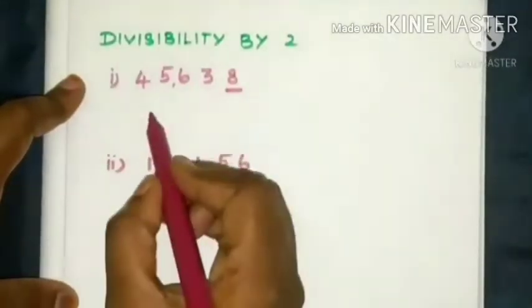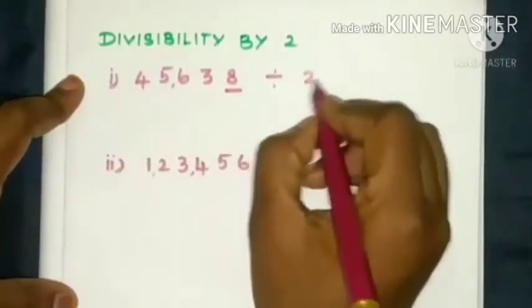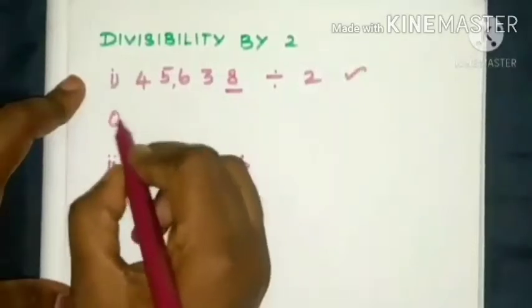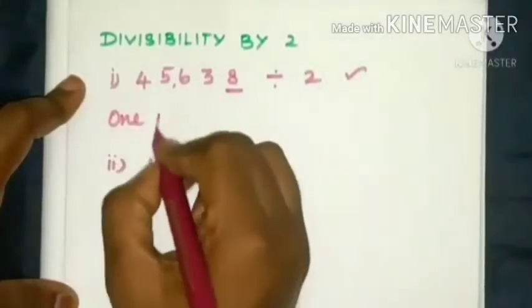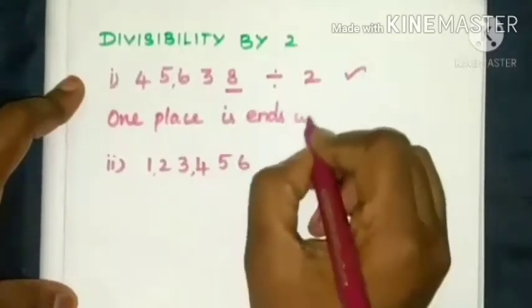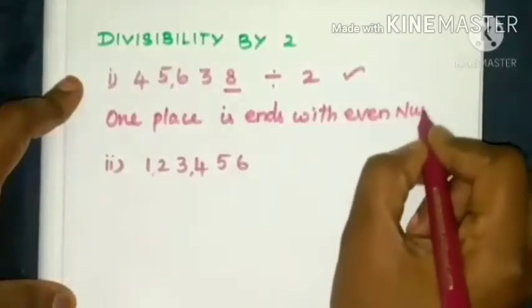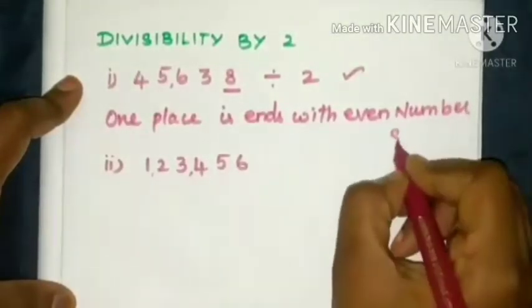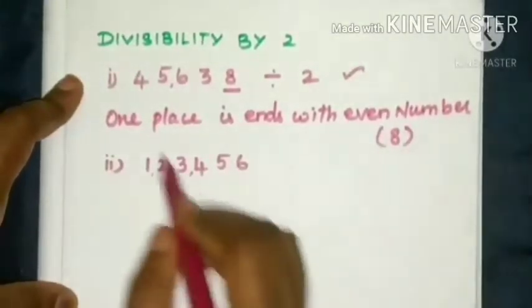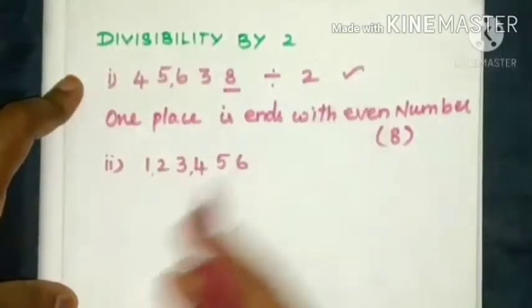So 45,638 is divisible by 2 since its ones place is an even number. 8 is an even number. So 45,638 is divisible by 2.